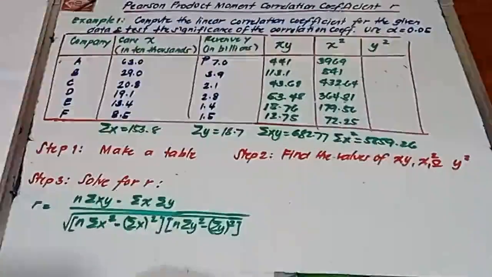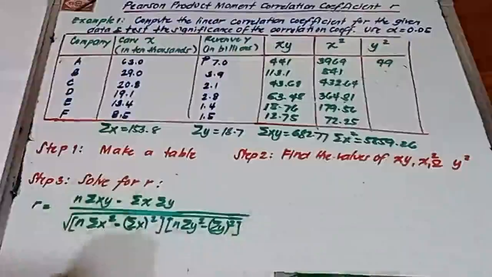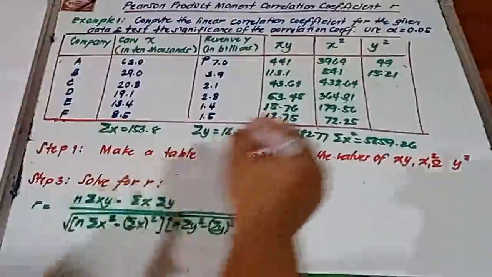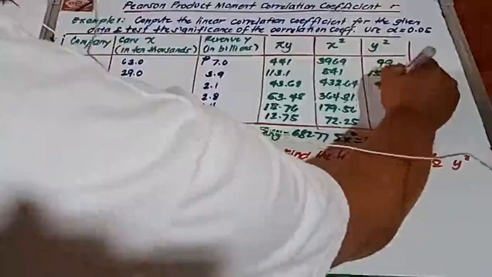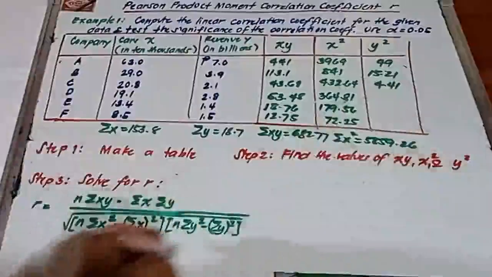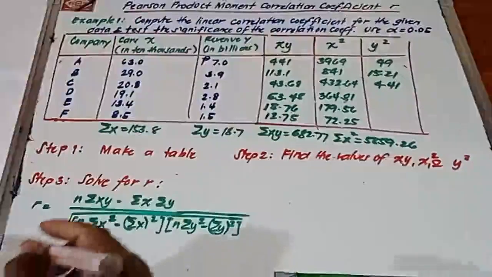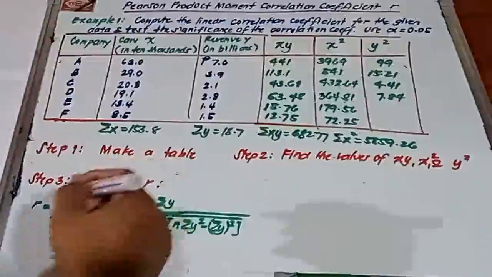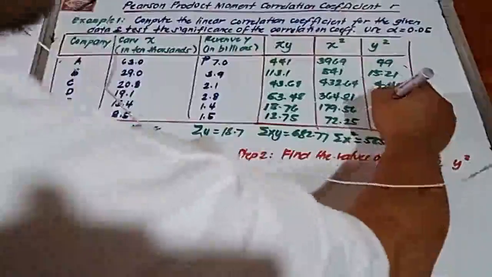Okay. Now, we have the last column. Kunin natin yung y squared. We have 7 squared is 49. And then 3.9 squared is 15.21. 2.1 squared is 4.41. Then 2.8 squared is 7.84. 1.4 squared is 1.96.